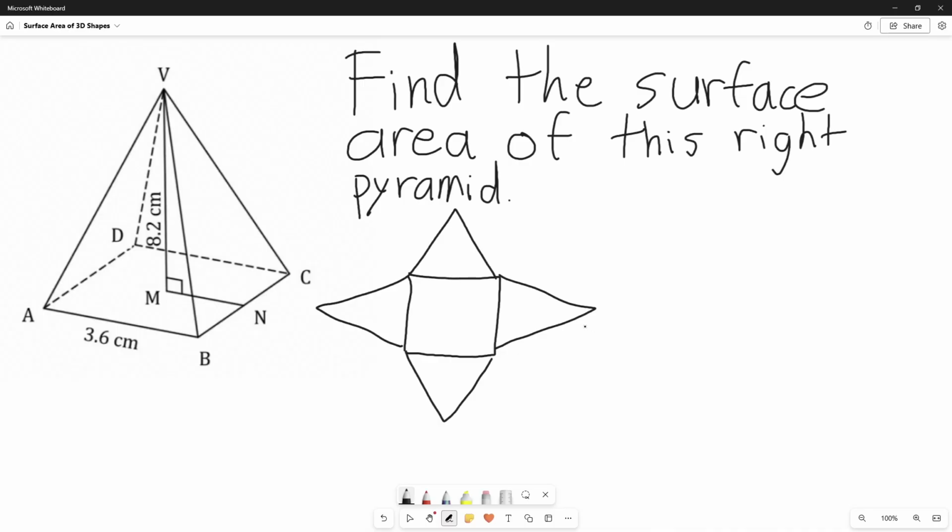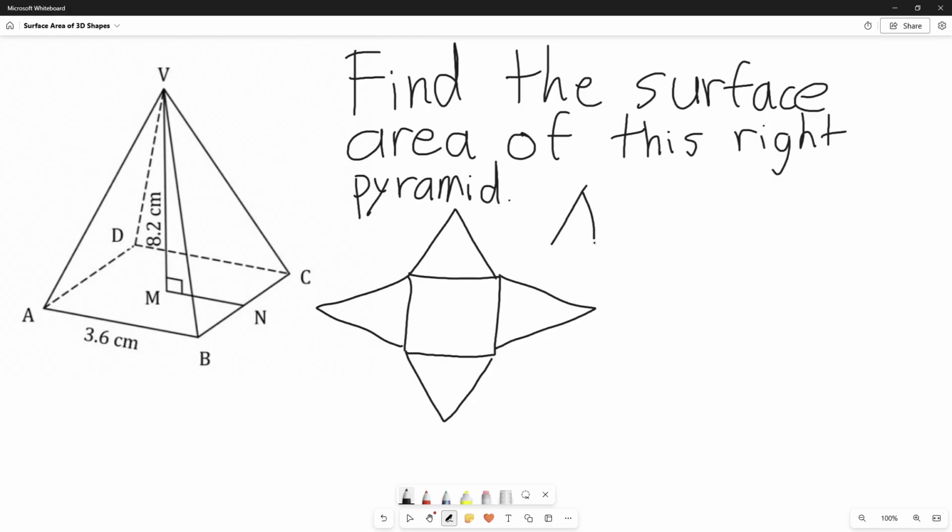Not exactly, but you have this square, which is the base, and you have 4 isosceles triangles, which are all the same. And we found out the areas of the triangles in the last part, because we found out the area of triangle ABV, which is 15.1.